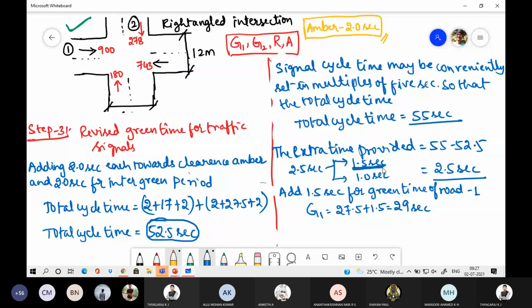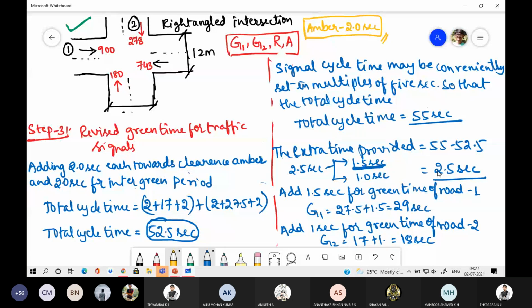So the road which is having the highest traffic will be given a maximum portion of the extra time, and the other road will be given a minimum portion. Now add 1 second for green time of road 2. So G2 is equal to 17 plus 1 is equal to 18 seconds. Okay, is it clear? Yes, sir. Is it understood or not? What we are writing? Is it clear?